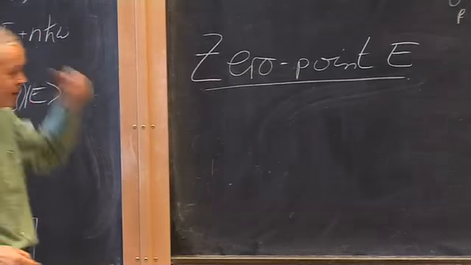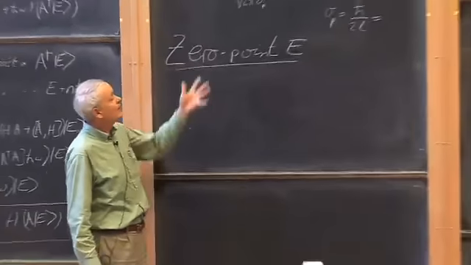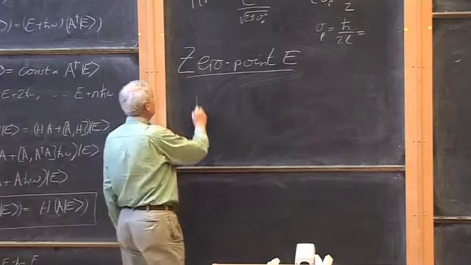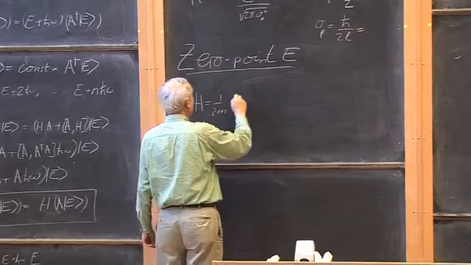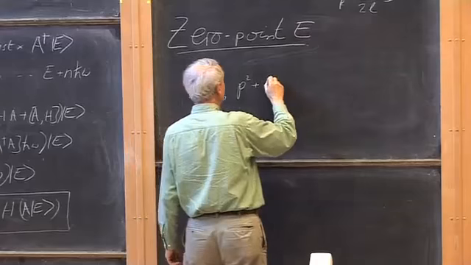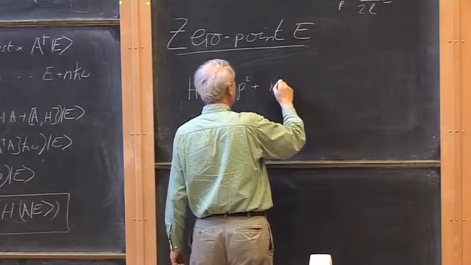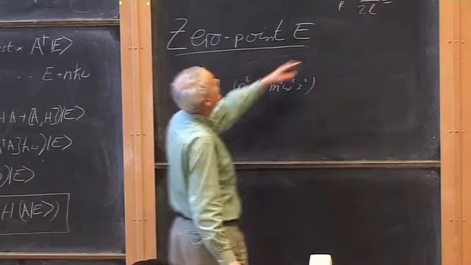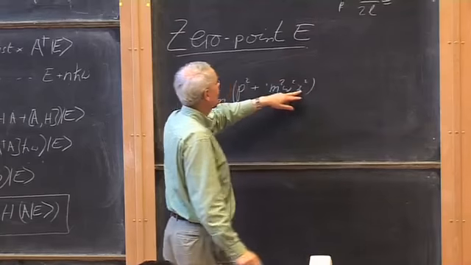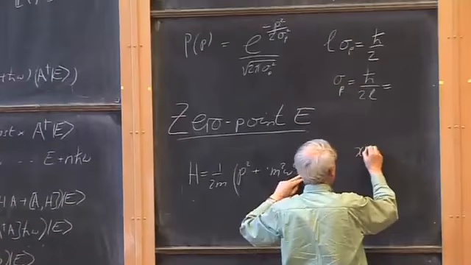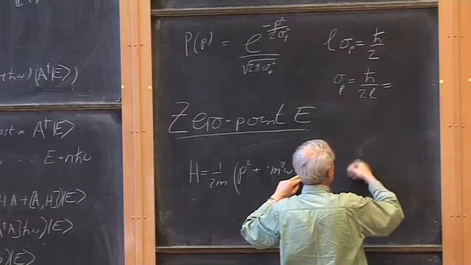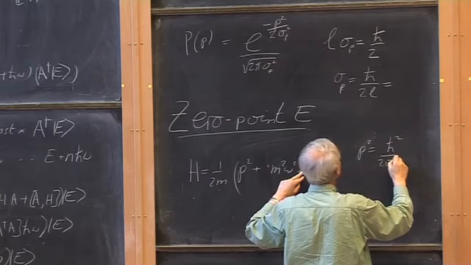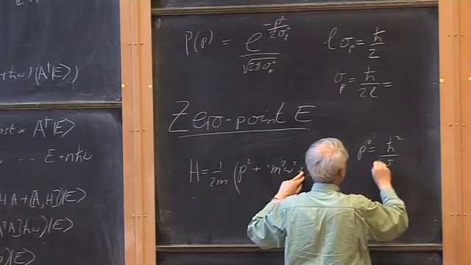So this zero-point energy phenomenon is extremely general and enormously important. And here we have the simplest, the classic example. If we say H is equal to 1 over 2m of p squared plus m squared omega squared x squared, and we put in the uncertainty relation, we say that p squared is equal to h bar squared over 4x squared, because I've squared it.